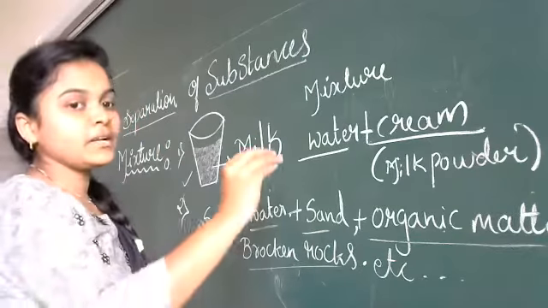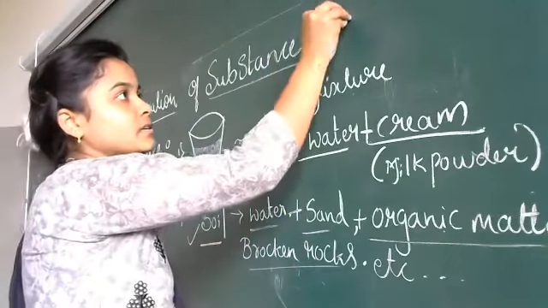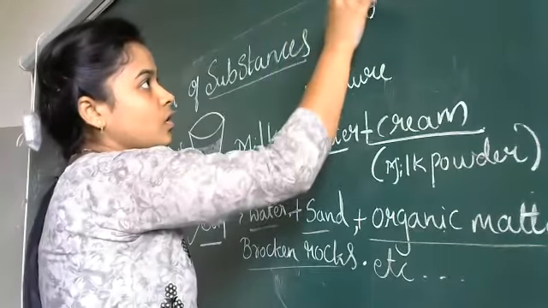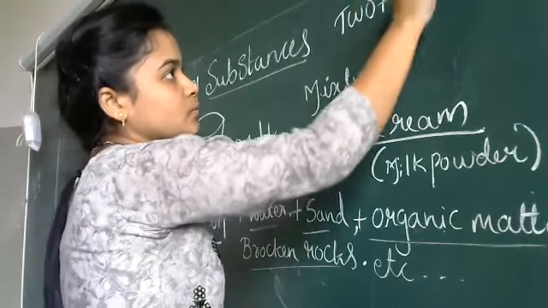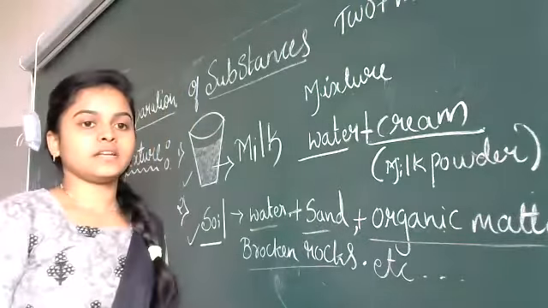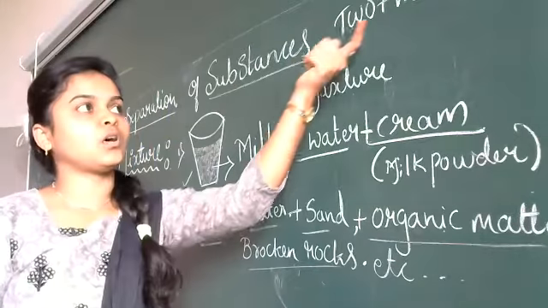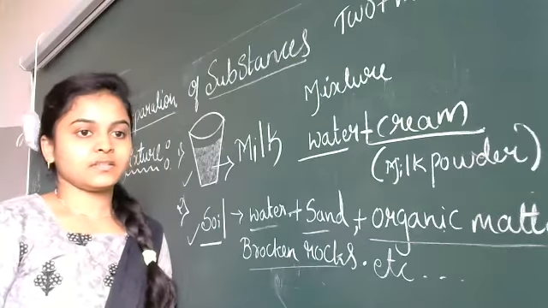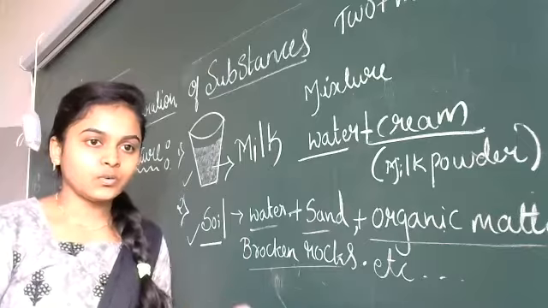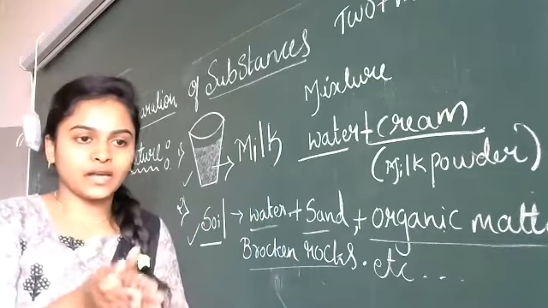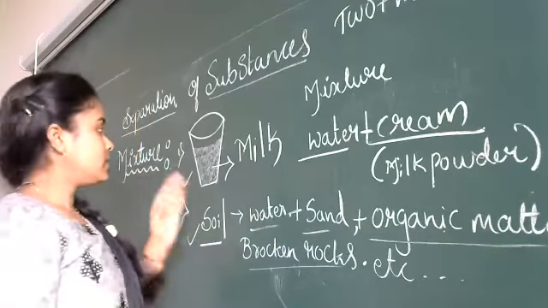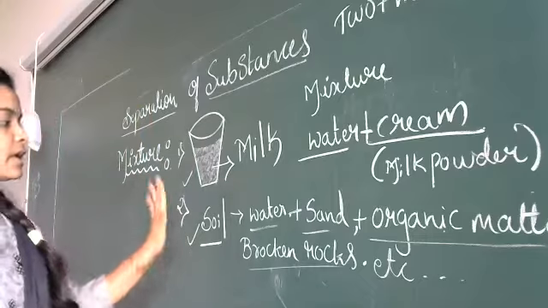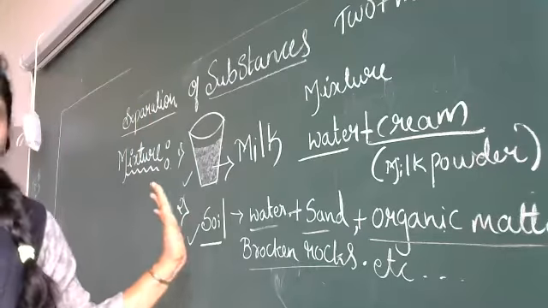Mixture is nothing but a combination of two or more substances. So when we take two or more substances and mix them, you will get a mixture. For example, milk and soil. Understood?